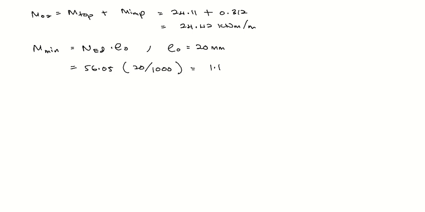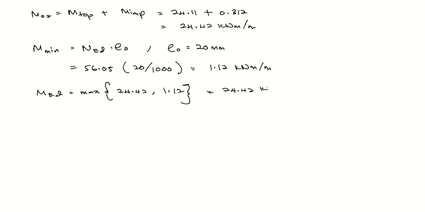You will get 1.12 kilonewton meter per meter. Therefore, your MED equals the maximum between 24.42 and 1.12, which of course is 24.42 kilonewton meter per meter.